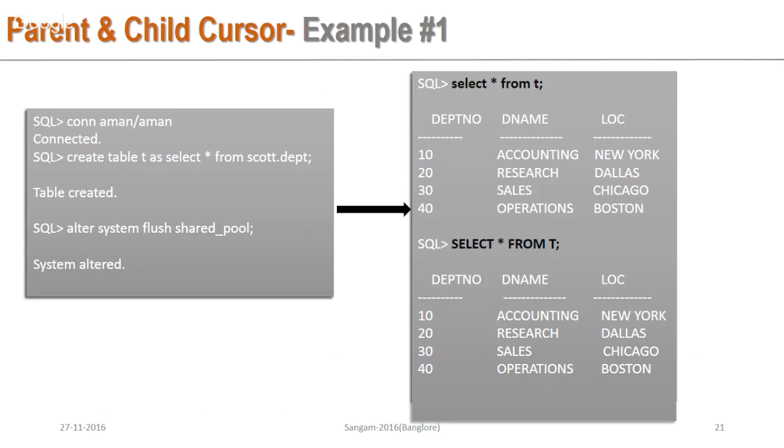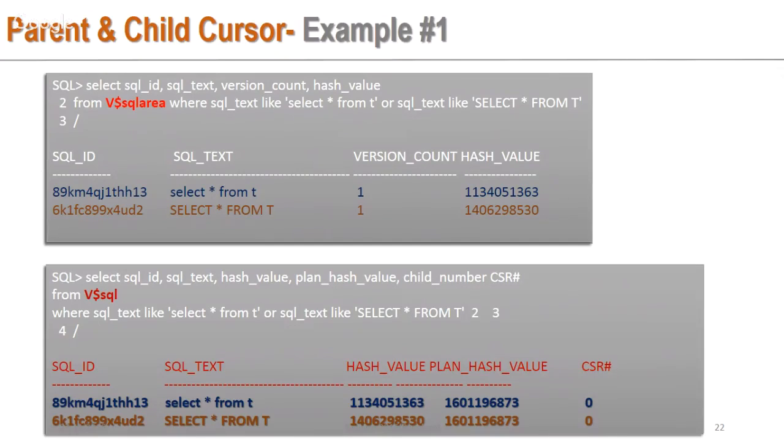So we can see now that for this query, Oracle has created two cursors in the parent cursor view. You can see that these two cursors are created separately because their SQL IDs are different, and even their hash values are different. If you check, the version count is 1, which means the particular set of queries are stored independently in the system.